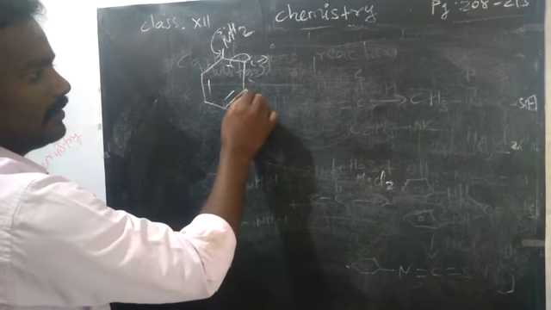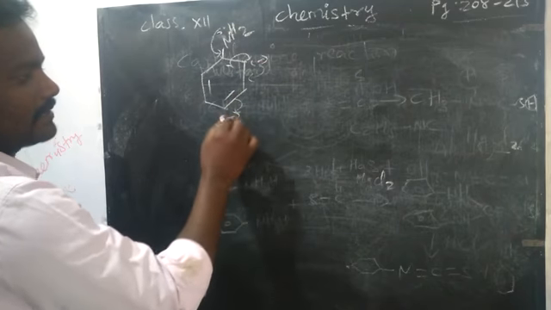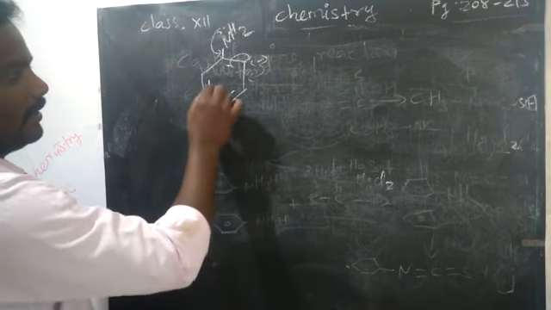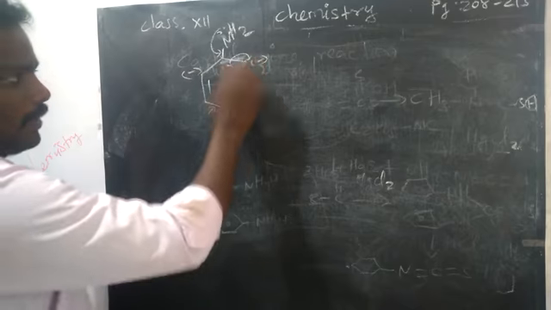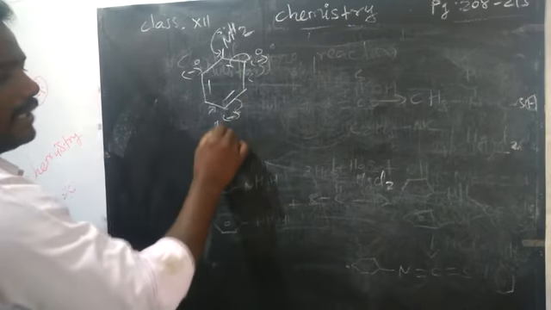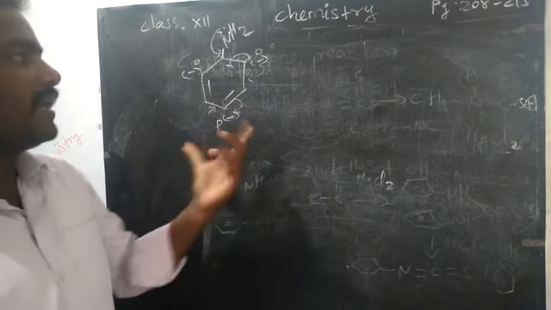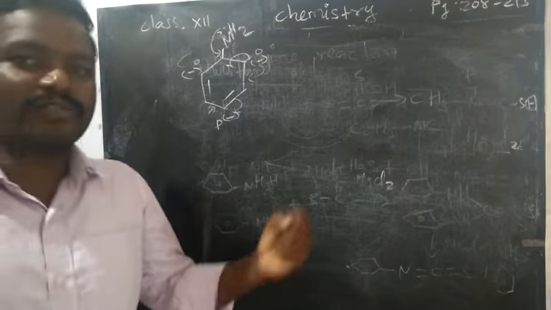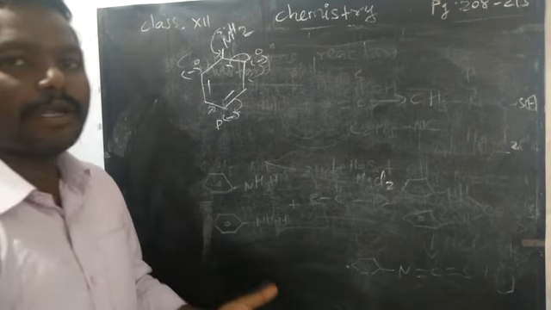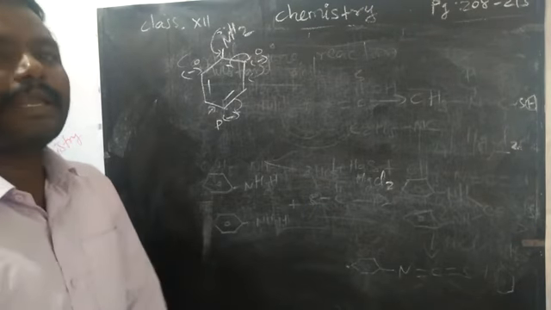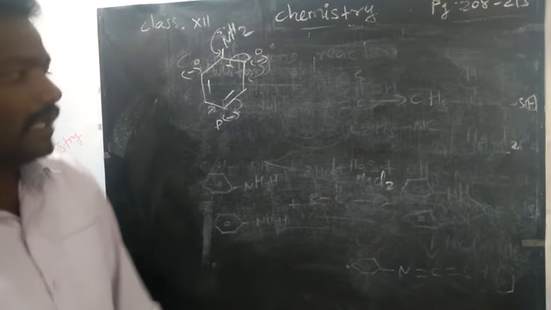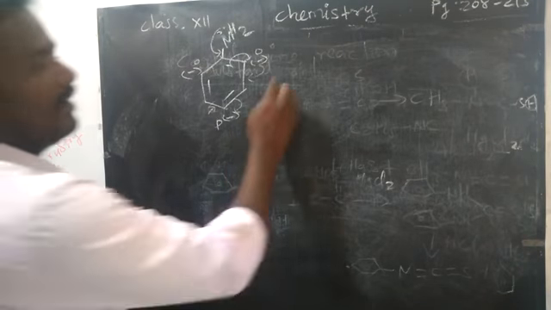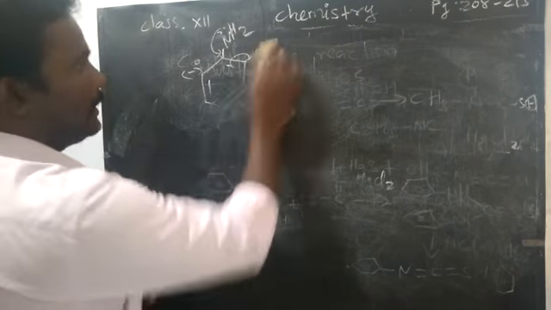Then if you shift, this bond will form minus. Then if you shift here, it will form minus. So ortho position and para position, we can see the minus charge. So where we have the minus, the positive can approach. Which one is called a positive charged ion? Electrophile. Okay. So electrophilic substitution reaction will take place in the aniline.